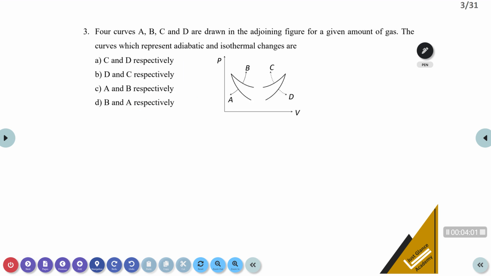Next. Of course, problem 3 is almost similar to problem 2.